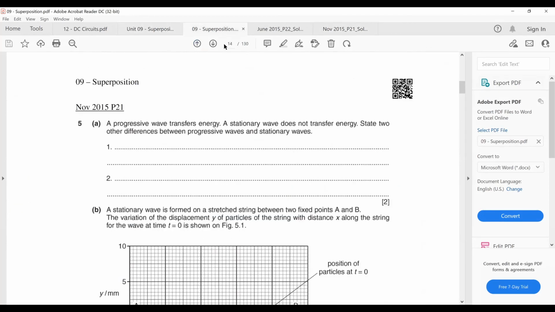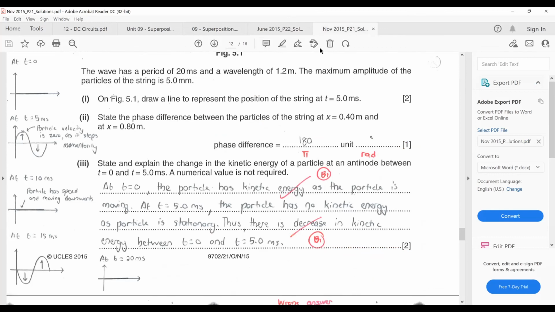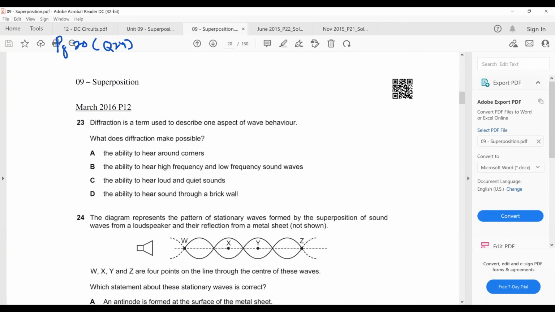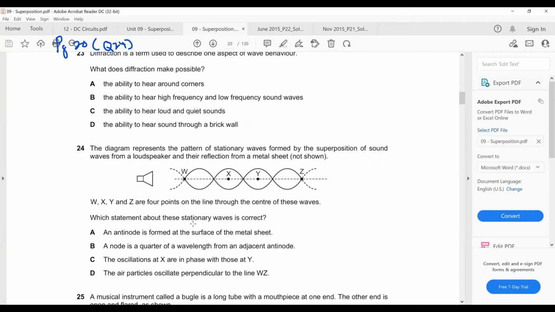The next one that I can probably have a look at for you is page 20, question 24. Let's have a look at page 20, question 24.